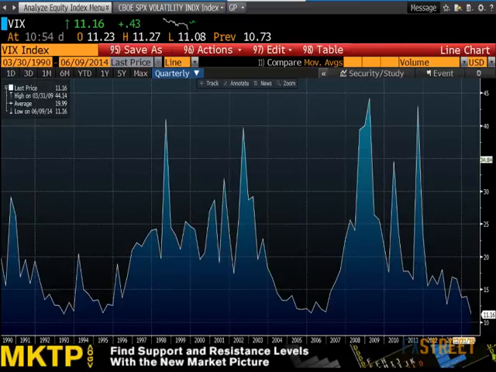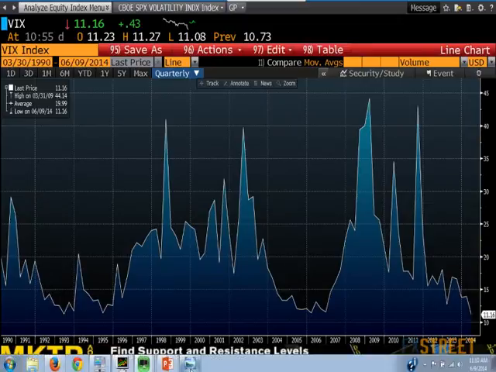Pretty much the lowest level also since 1990. So putting this into context, we are seeing an extremely significant decline in volatility across the financial markets. It's not just in currencies, but it is also seen in equities.